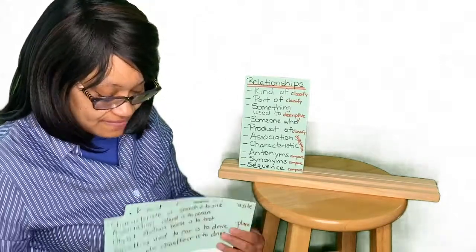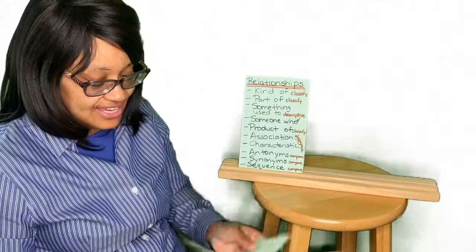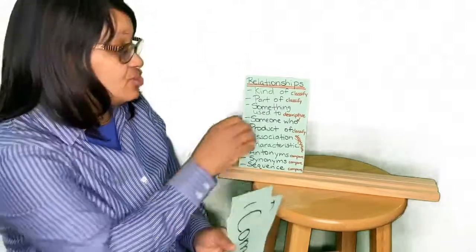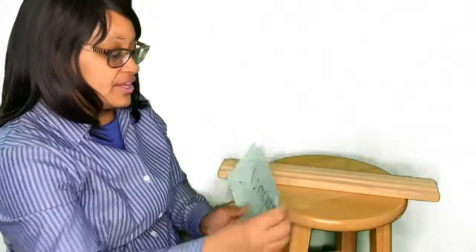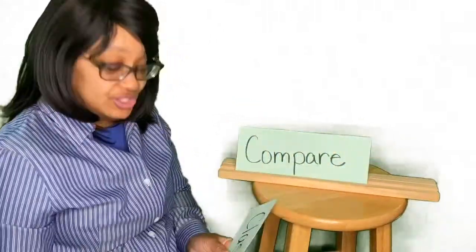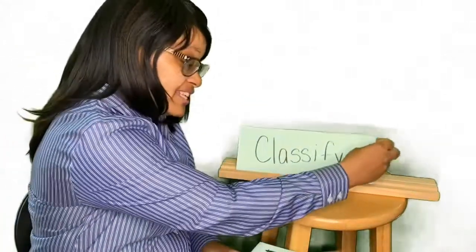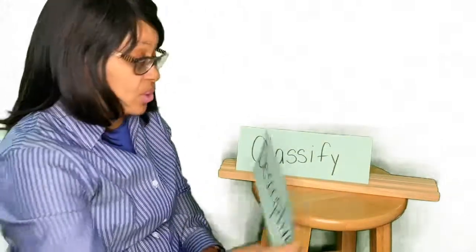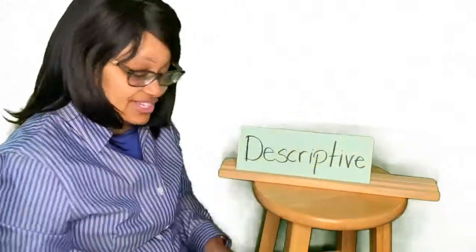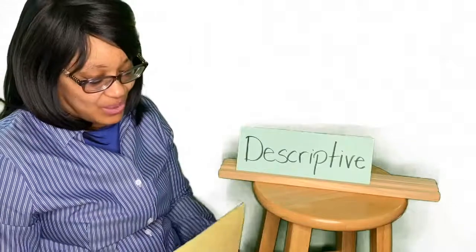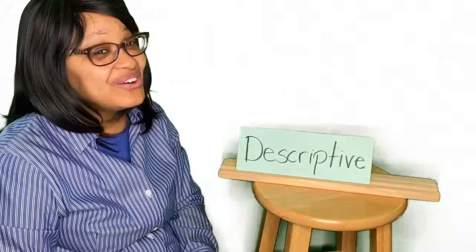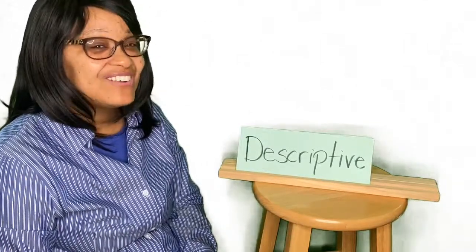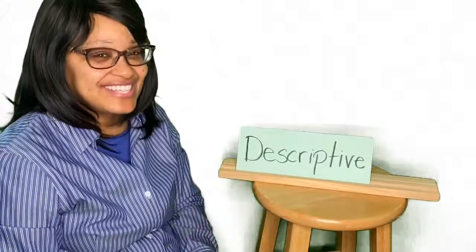So we're looking for the function of the analogy. Is it trying to function with a comparative relationship, with a classifying relationship, or with a descriptive relationship? Well, that's for you to know. You can find that out by doing some analogies exercises.